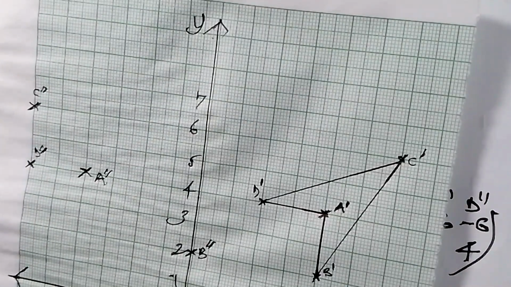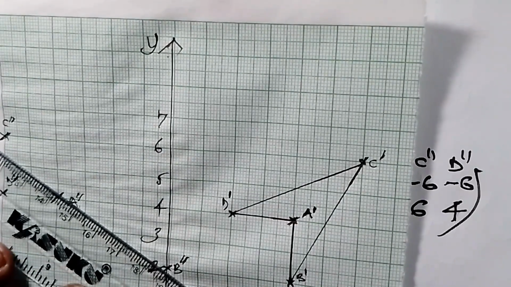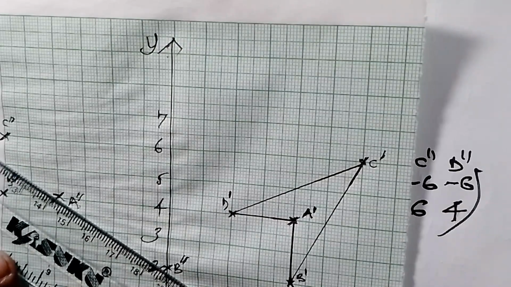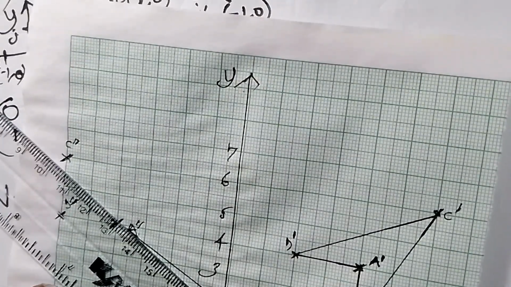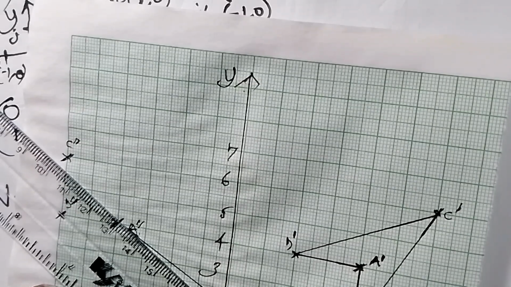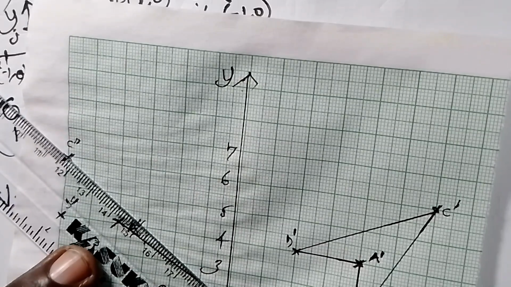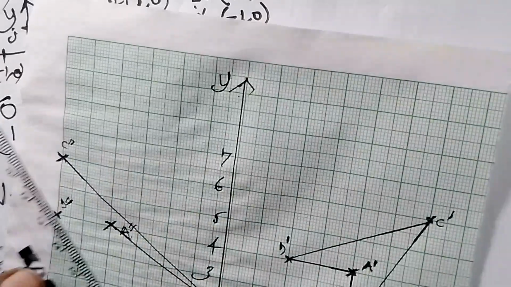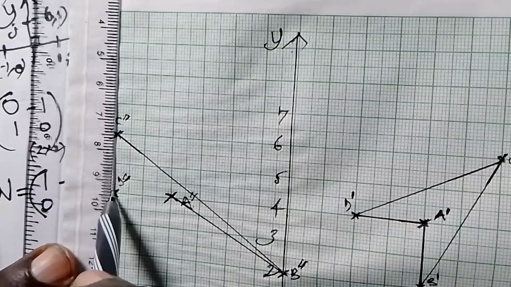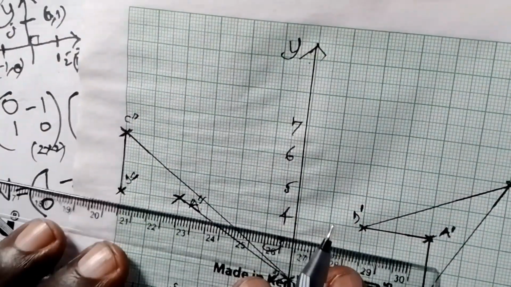Again, we join these points. A2 to B2, B2 to C2, C2 to D2, and D2 to A2.